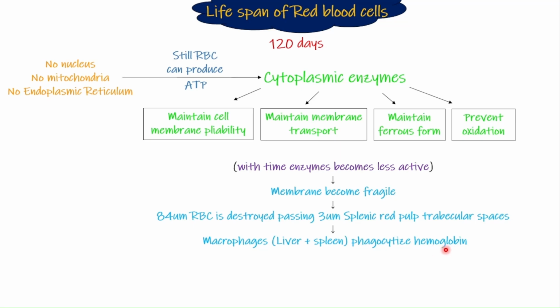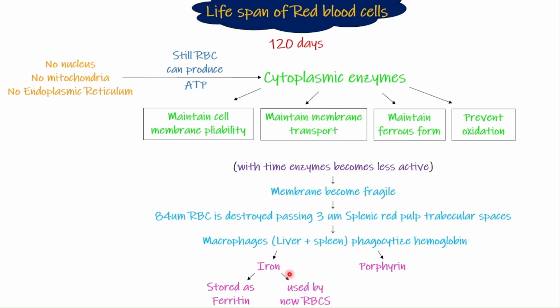Globin is a protein, so the globin part detaches, and heme is made up of iron and a porphyrin ring. This iron either goes to the ferritin stores, or it can be utilized to make new RBCs.